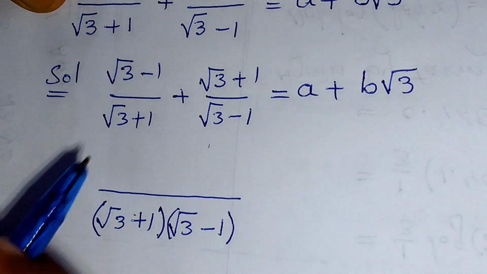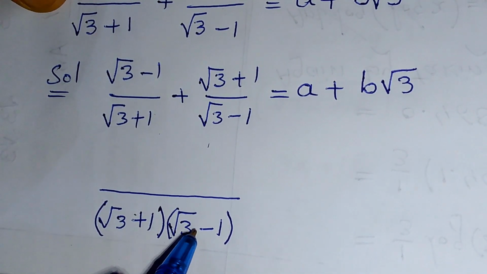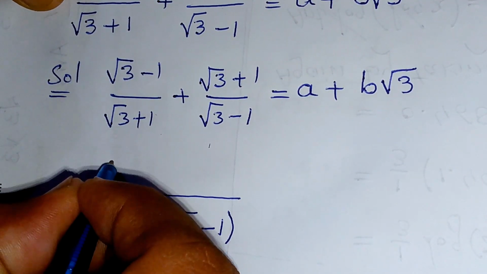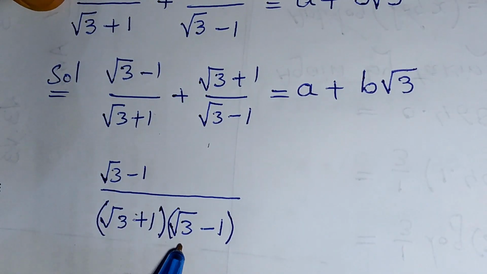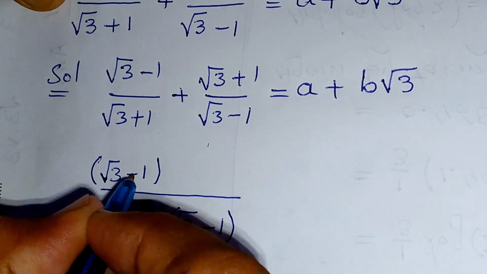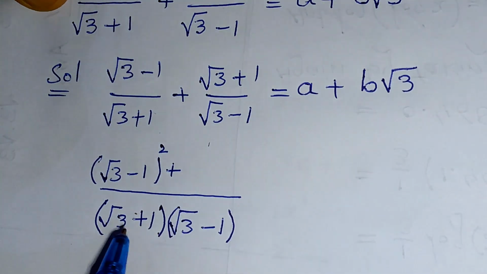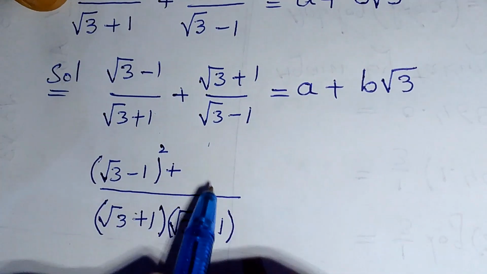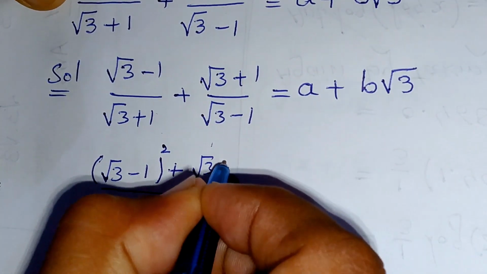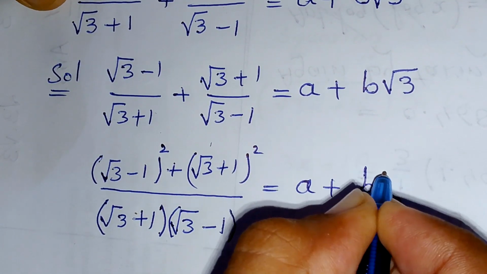So when we divide this LCM with this one, this will be cancelled with this one, and the remaining value is this, so it will be multiplied with this, and it will give us under root 3 minus 1, because this is under root 3 minus 1 and this one is under root 3 minus 1, so it will become under root 3 minus 1 whole square, plus, same case is here, if we divide this whole value with this one, we will get this one, and this will multiply with this, under root 3 plus 1 whole square. So here is a plus b under root 3.